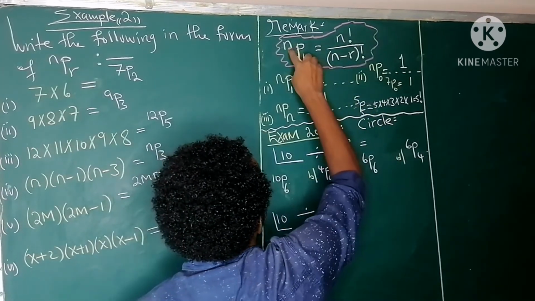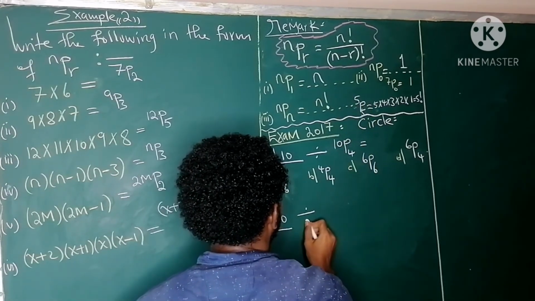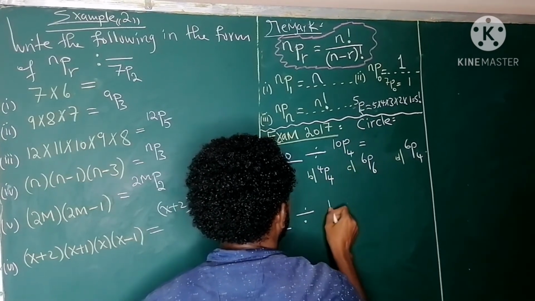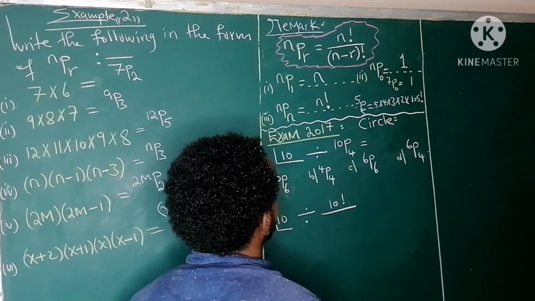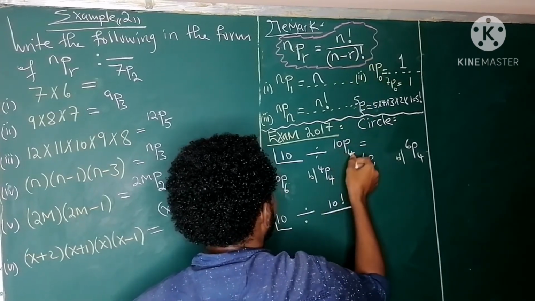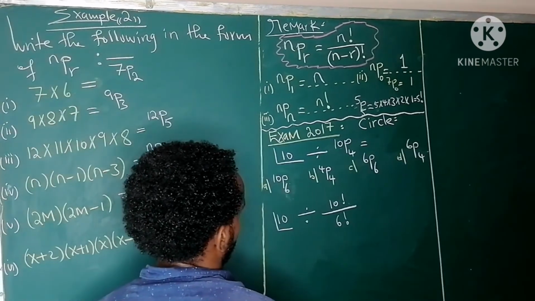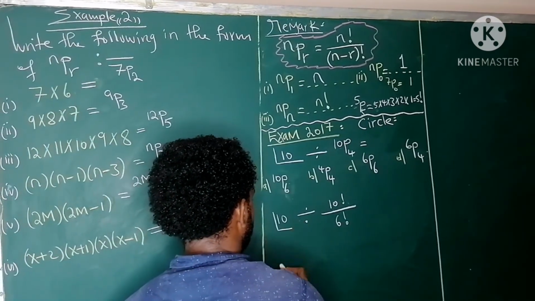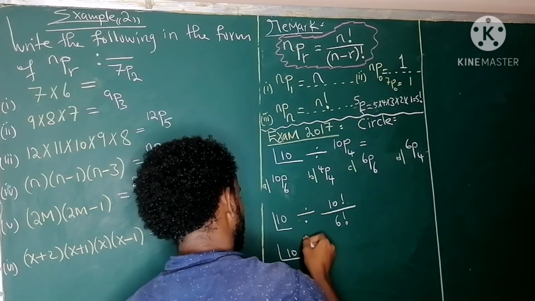If I apply the formula, 10P4 will be equal to what? 10 factorial divided by the factorial of the difference between them. Let's subtract them. 10 minus 4 is 6 factorial. And this division is possible to be changed.